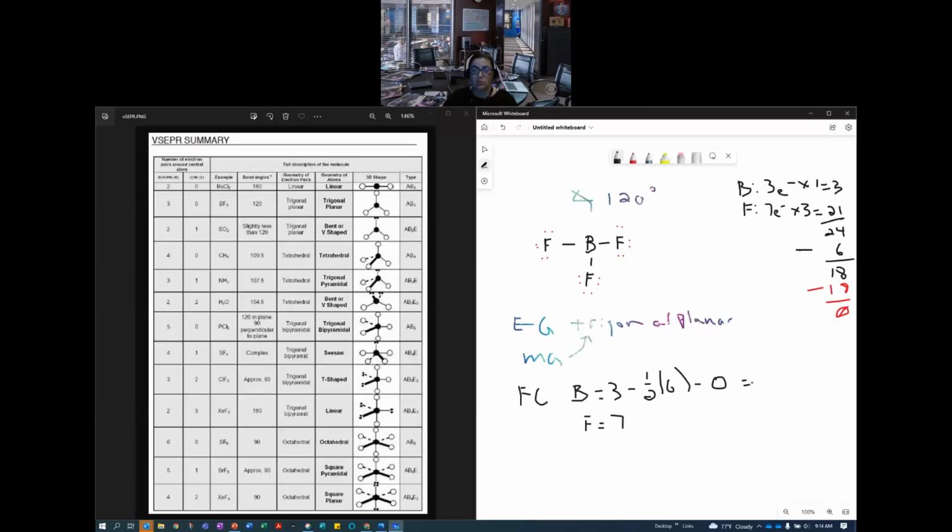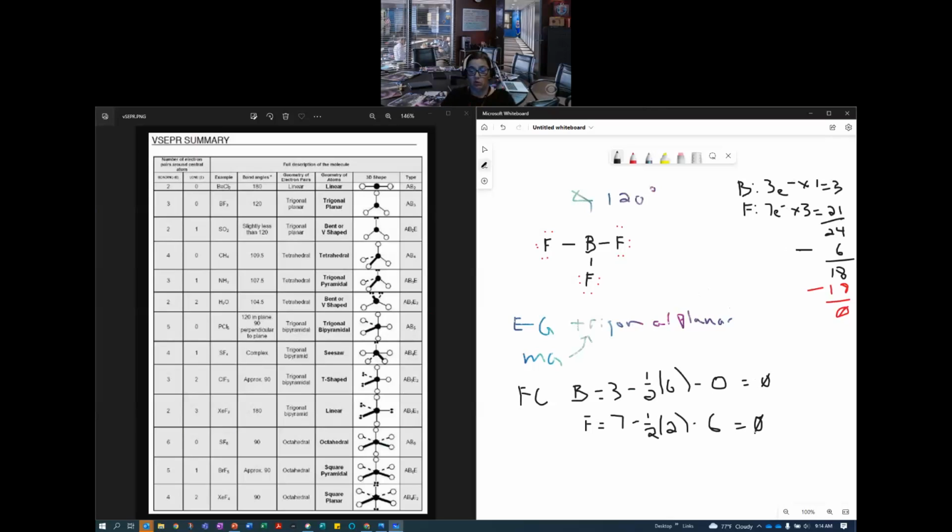So that's going to give me a formal charge of 0 for my boron. And fluorine should be 7. I'm going to subtract half of the bonding pair for that, and then minus the 2, 4, 6 in lone pairs. And that gives me a 0 for each of those.